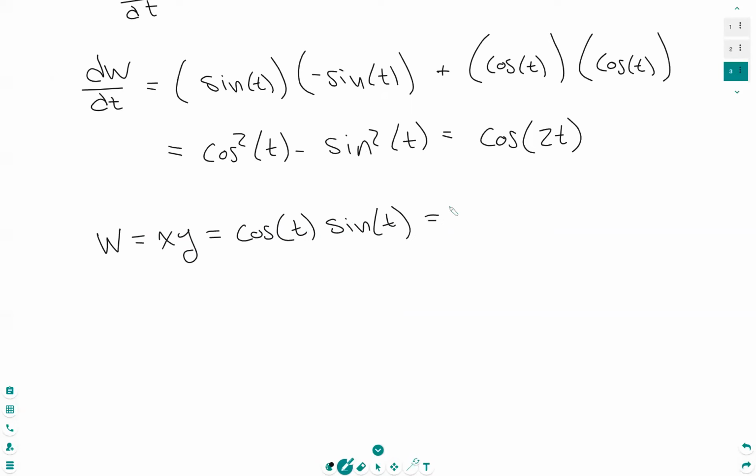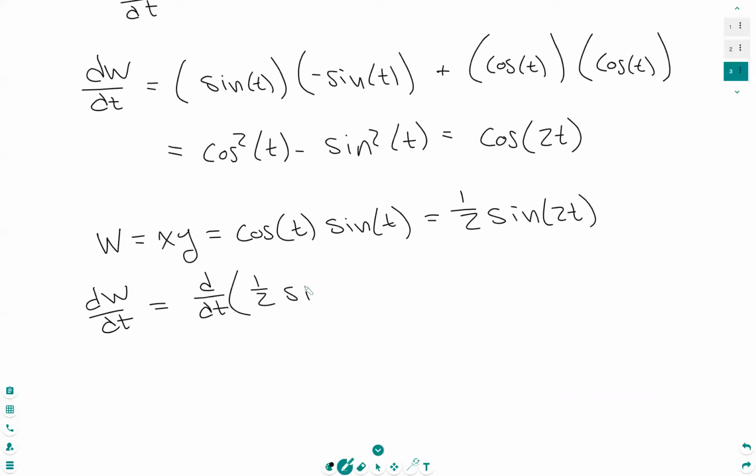And another nifty little trig identity is that this is 1/2 sine of 2t. So dw/dt would be equal to d/dt of 1/2 sine of 2t, which is equal to cosine of 2t.